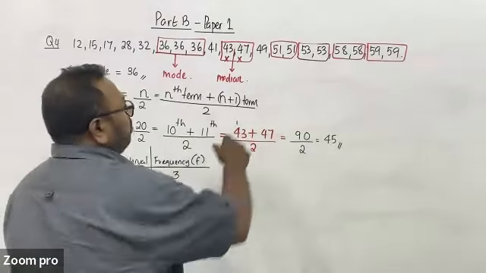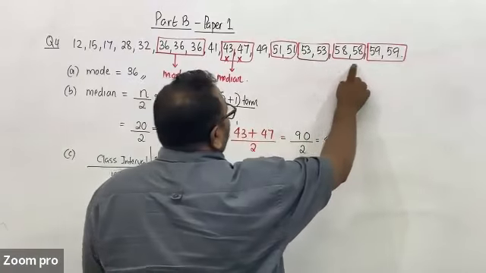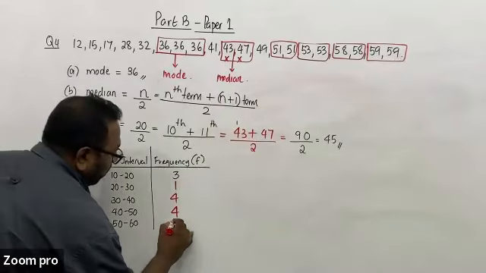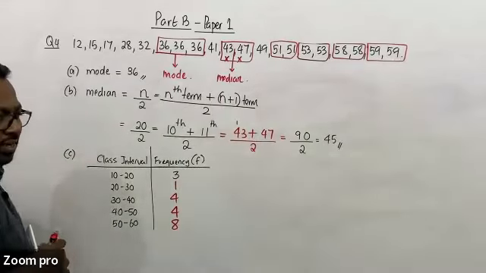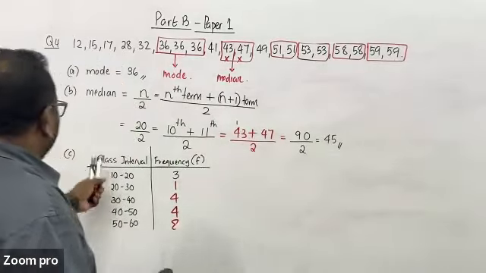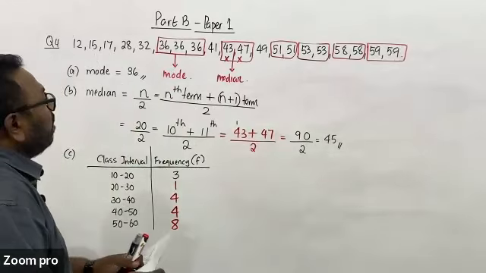Then 50 to 60, 1, 2, 3, 4, 5, 6, 7, 8. So your total here should come as 8. That is your C part of the question. Very easy set of questions.